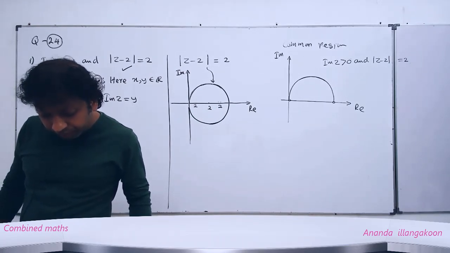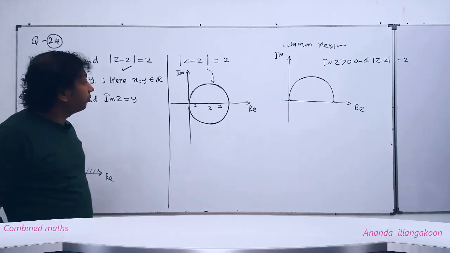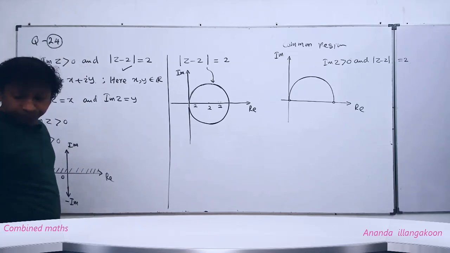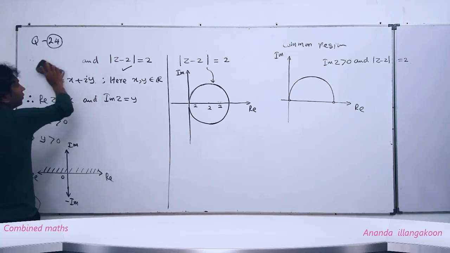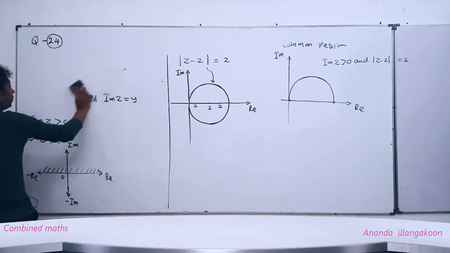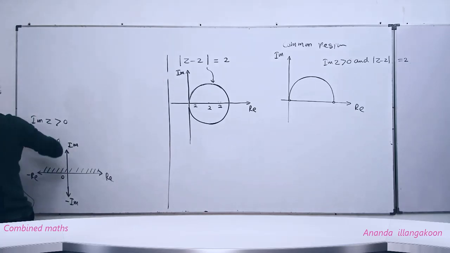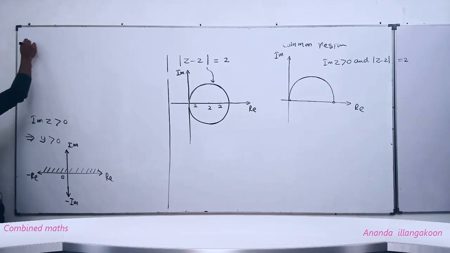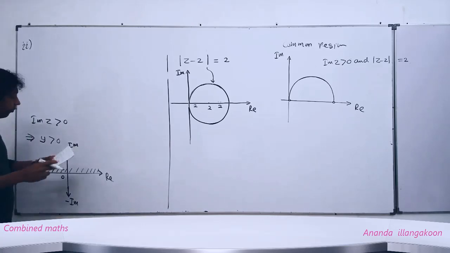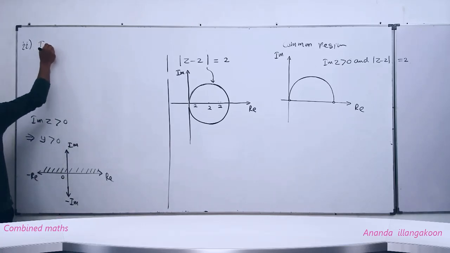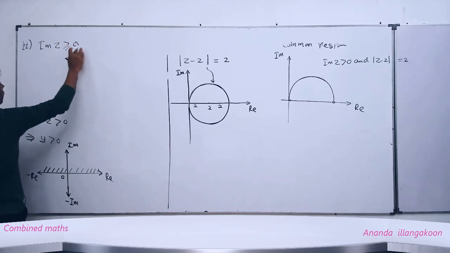Right. Second one, people. Number 2. Take number 2. Second part given: imaginary part of z greater than or equal to 0.